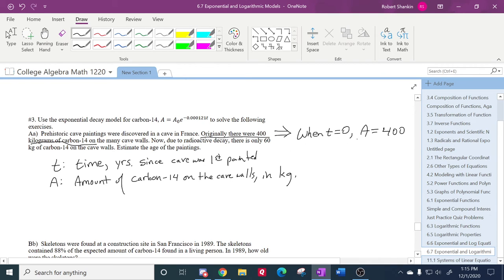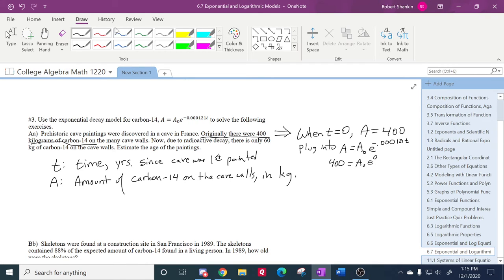Now when we take these two and we plug them into this equation, so 400 goes over here. 0 times anything is 0.